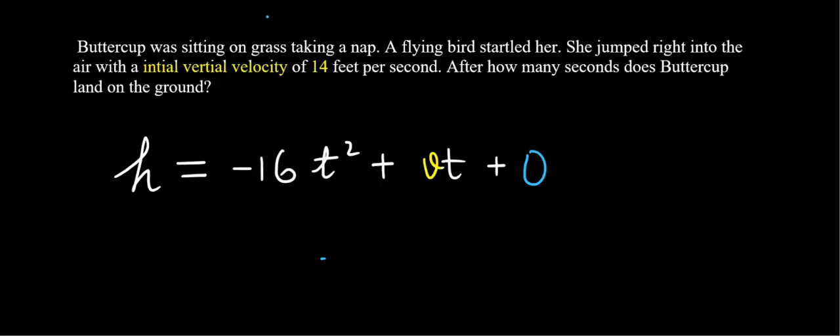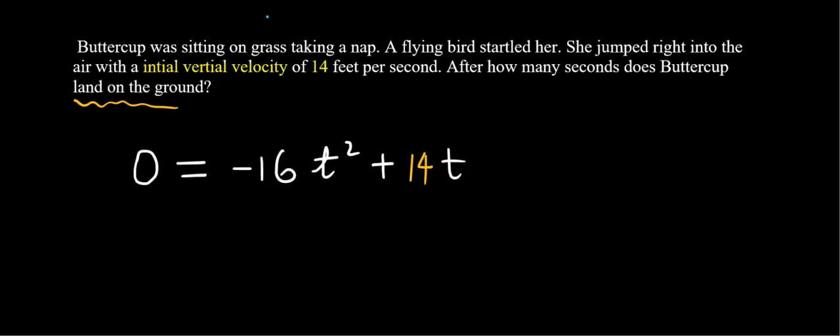That is 14, so we're going to substitute this as 14. Remember, Buttercup is going to come back to the ground. She's going to land on the ground again, which means finally the height is going to be 0. Okay, all right. Now since this is 0, we don't have to write this blue 0. We can erase this.